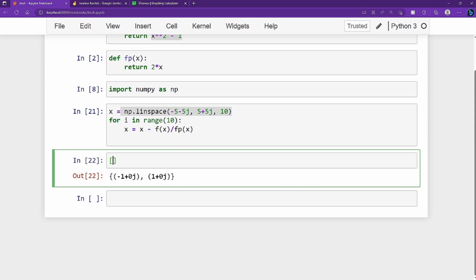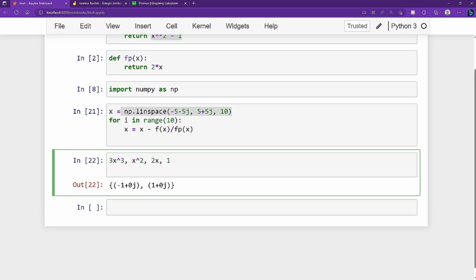So in this case, the function is 3x cubed plus x squared plus 2x plus 1. Now this can be represented just like this in an array: 3, 1, 2, and 1. Right?